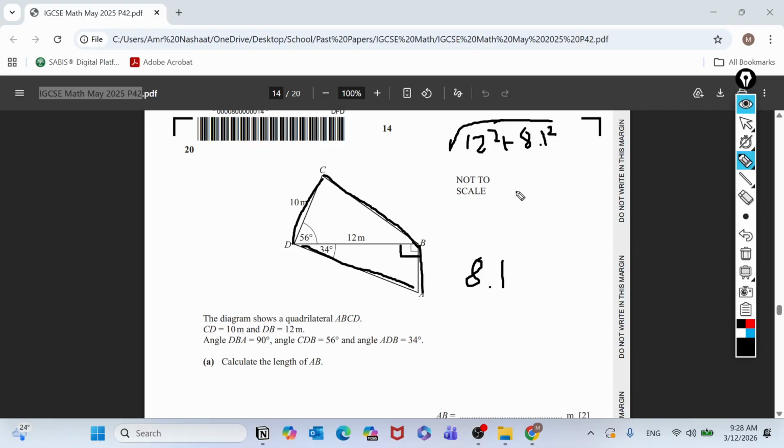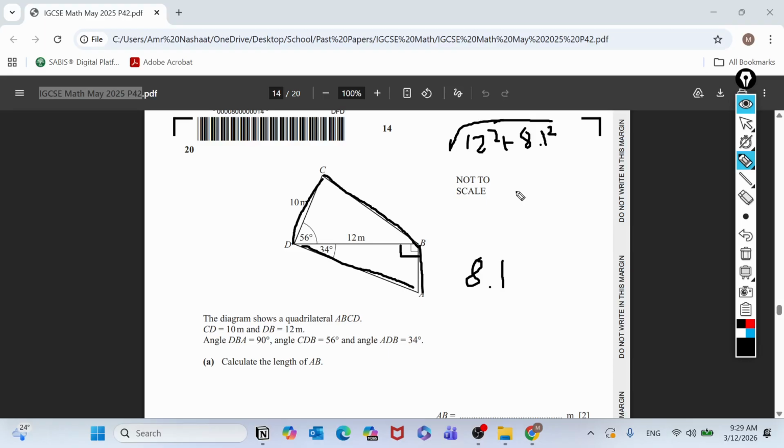What are you going to get? 12 squared plus 8.1 squared, and then you square root the answer.